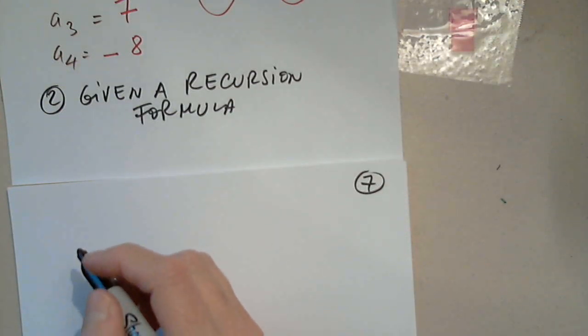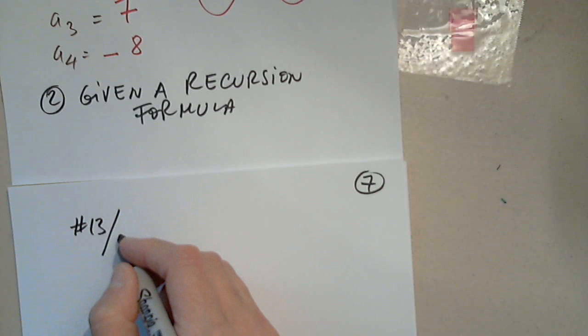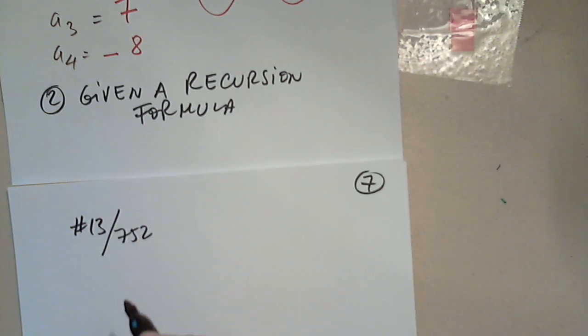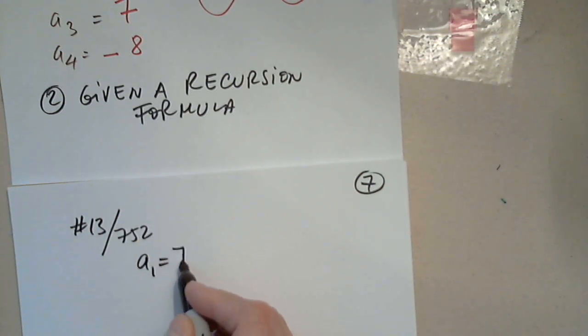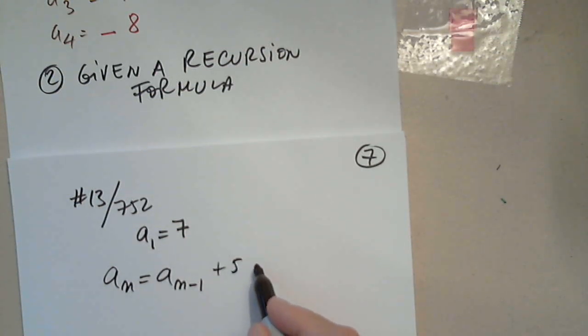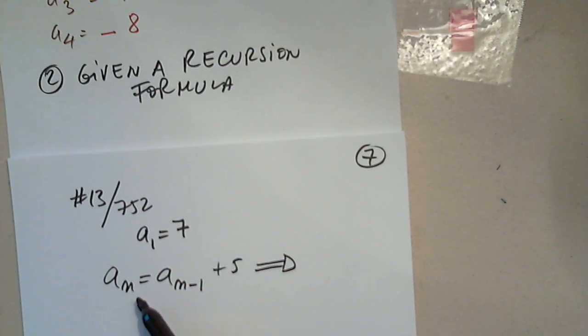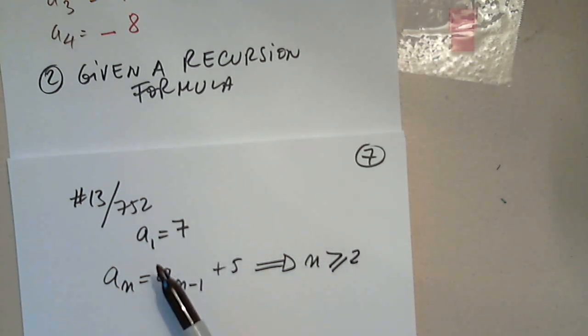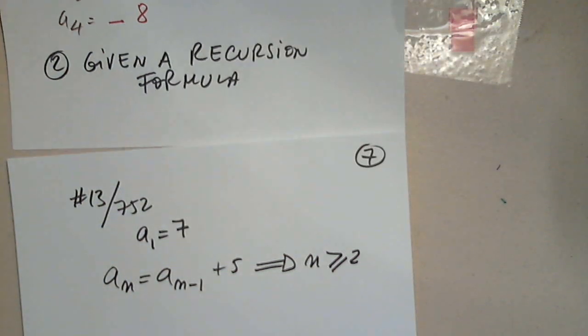Let's look at 13 on 752, where we are given that a1 is 7, so the first term of the sequence is given to us. And then a sub n equals a sub n minus 1 plus 5, and this is happening for n greater than or equal to 2, not 1, because a1 is already given to us.